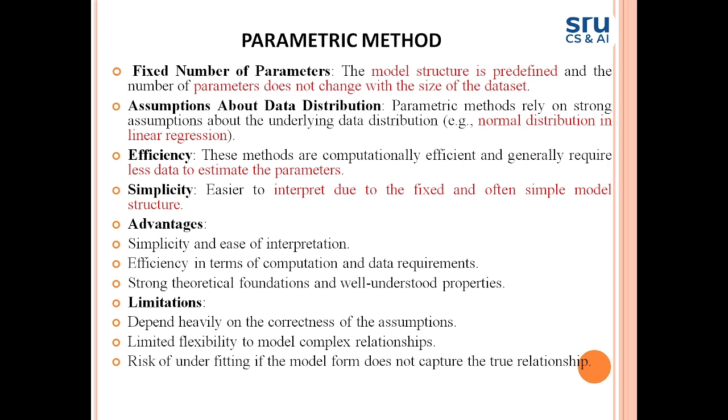What are the limitations of this parametric method? It depends heavily on the correctness of the assumption, limited flexibility to model complex relationships, and risk of underfitting if the model form does not capture the true relation.